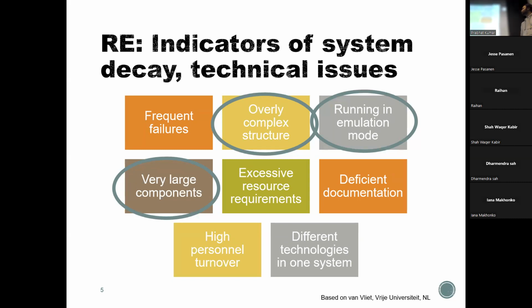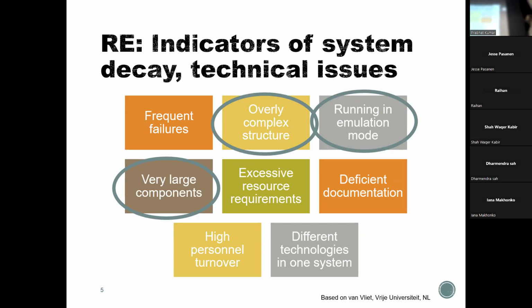In that case, you might not be documenting, or you are just fixing that particular issue. You are not checking what the impact of those changes on the whole software is going to be, because that is not our concern at that moment. We are just focusing on fixing those problems. So this is one example I'm giving you, and this can result in a complex structure of the whole software.